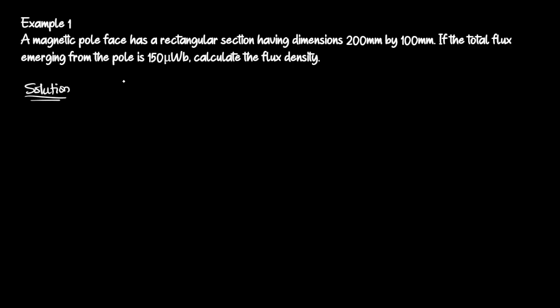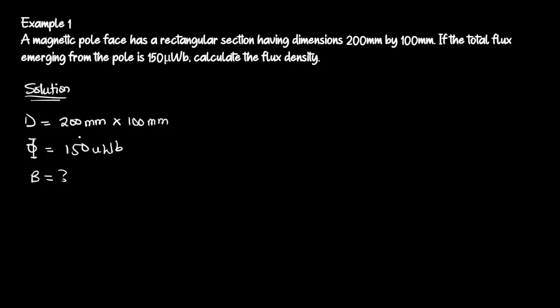Okay, so we are saying that a magnetic pole has a rectangular face with the dimensions 200 millimeters by 100 millimeters. The total flux emerging, phi, is 150 microweber, and we are to calculate the flux density, which is B, and that is what we don't know.